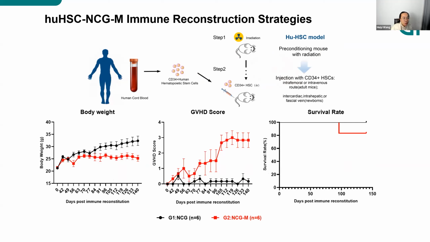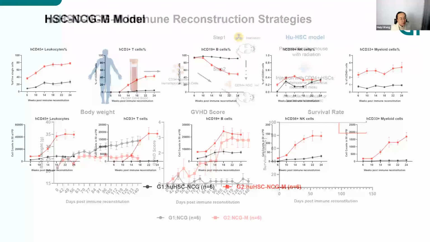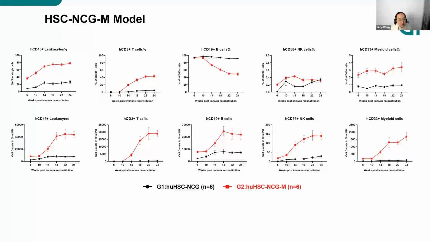When we transplanted the CD34 human hematopoietic stem cells, we can see that compared to the NCG mice, the body weight of the NCGM mice is relatively stable, and the GVHD score is relatively high, but the survival rate is very stable in this mouse model.